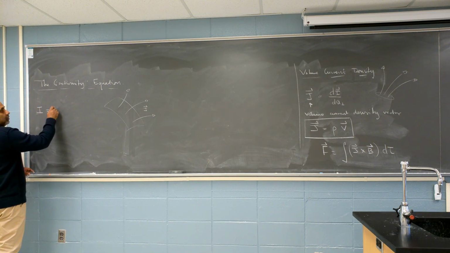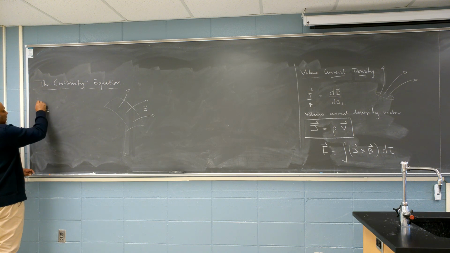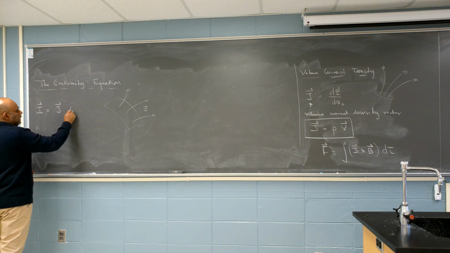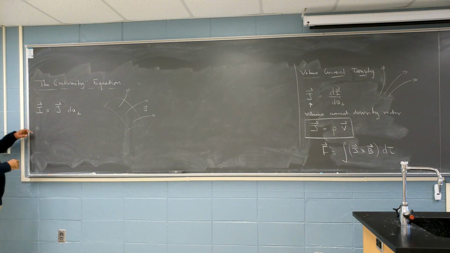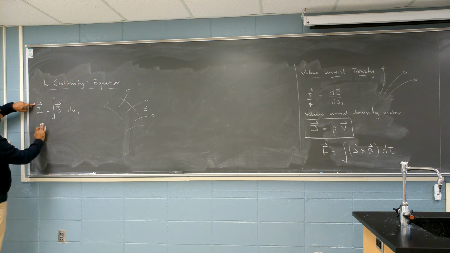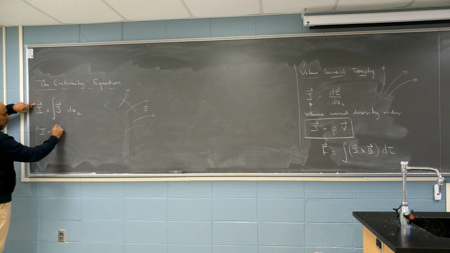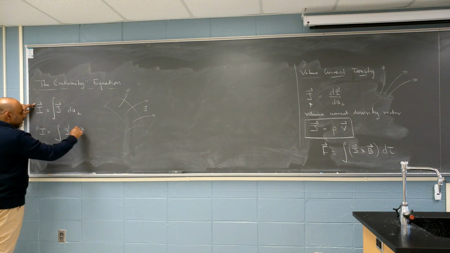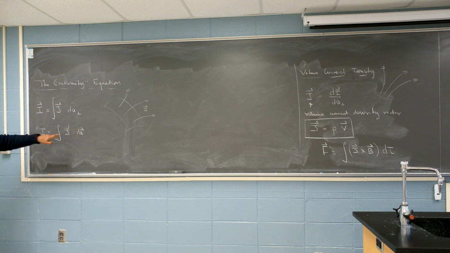Well, this may be a meaningless concept for the moment, but I'll sort of fix it. I don't care about the magnitude. I actually want to know what's the current flowing out of the surface. So I'll just do it this way. See, the perp just goes away because what is the A perp?